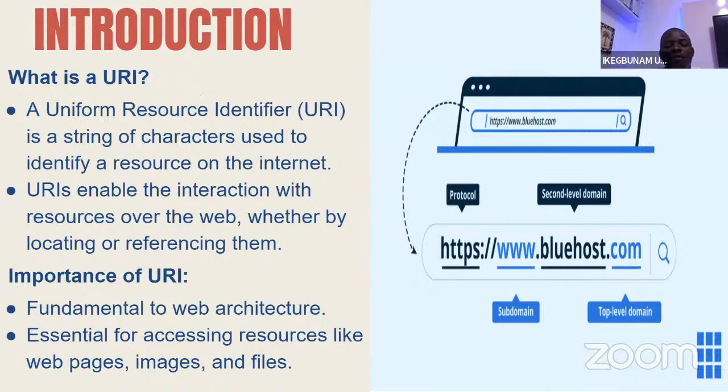Okay, so most of us must have visited a website before today. In fact, before you open Slack, if you use something like a personal computer, you are redirected to the Slack official page. So when we're talking about Uniform Resource Identifier, it is a string of characters used to identify a resource on the internet.